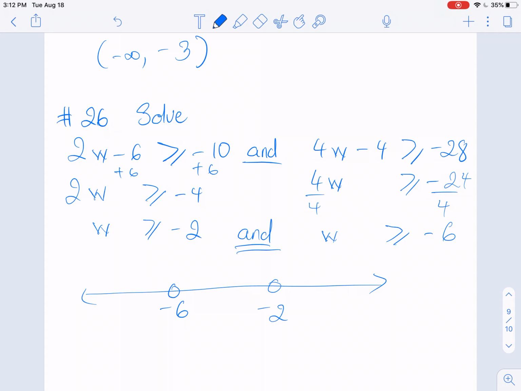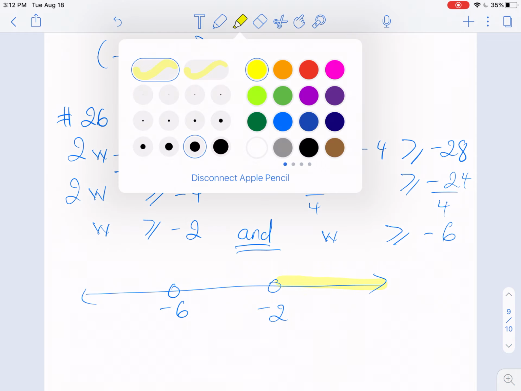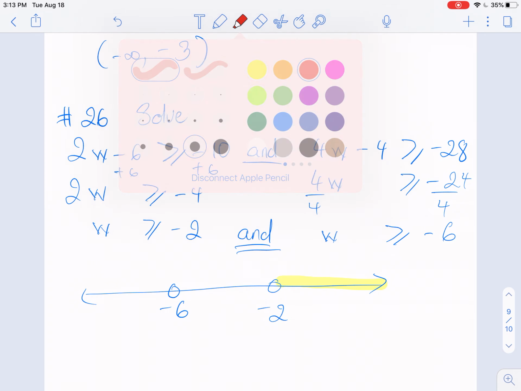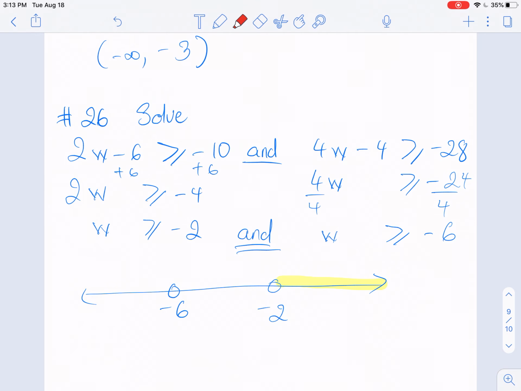Okay, so notice that we have w greater than or equal to negative 2. So it's going to be to the right. And then for w greater than or equal to negative 6, still to the right.